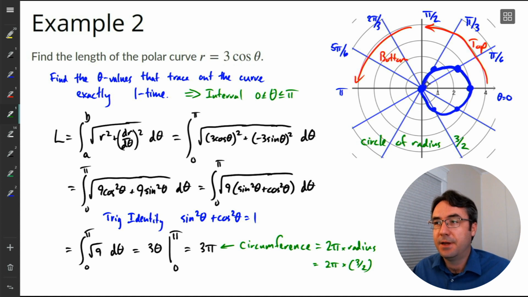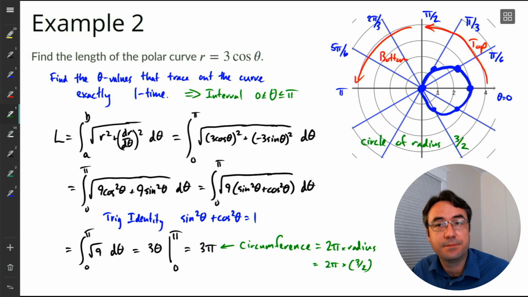All right. Now we did have another option here for the interval. So we could have used symmetry here. Instead of integrating from 0 to pi, once we know what the full curve looks like, we could have integrated from 0 to pi over 2 and then just doubled our result.